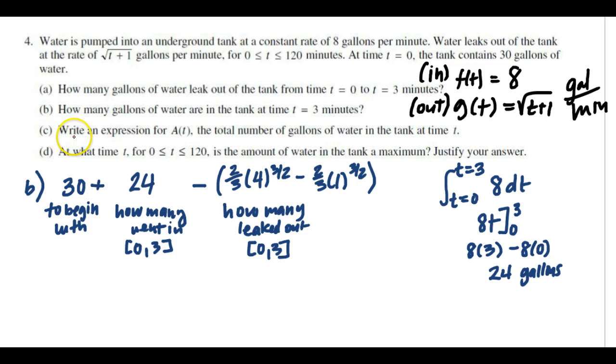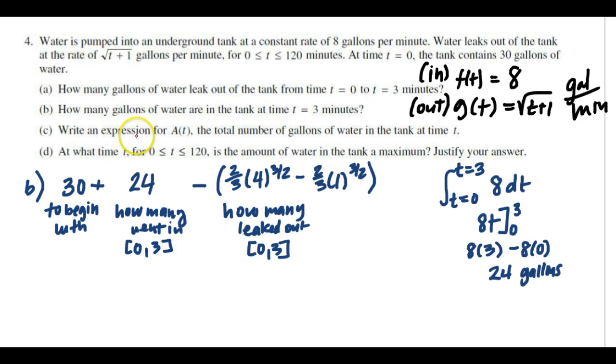Alright, so now moving on to part C. Write an expression for A of t, the total number of gallons of water in the tank at time t. So part C is asking us to generalize what we did in part B. Part B asked us to find specifically how many gallons were in the tank after 3 minutes.